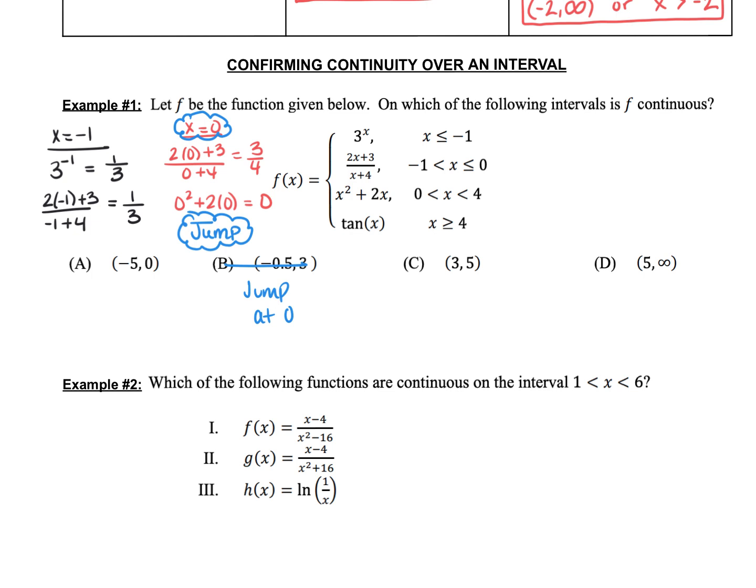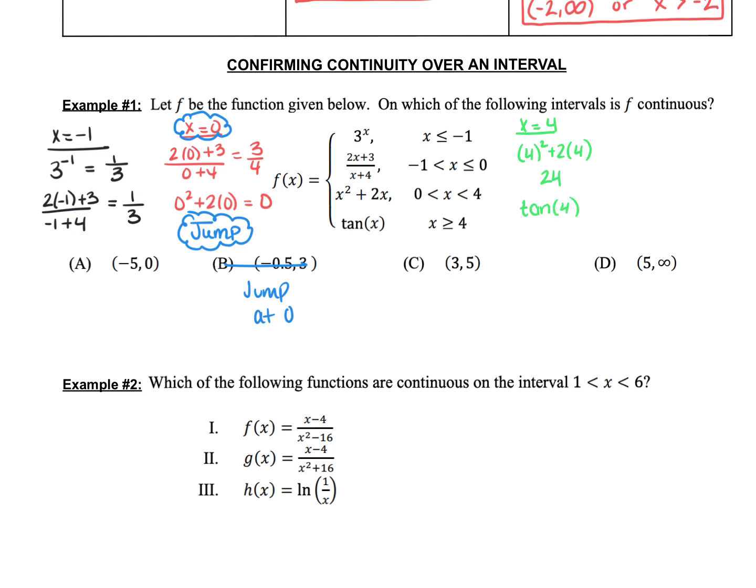So now let's take a look at 4, right, because that's the next joining point. So we're going to join the quadratic, x equals 4, with the tangent, the trig function. So 4 squared plus 2 times 4. That would give us 16 plus 8, which is 24. And then let's try tangent. So tangent of 4.